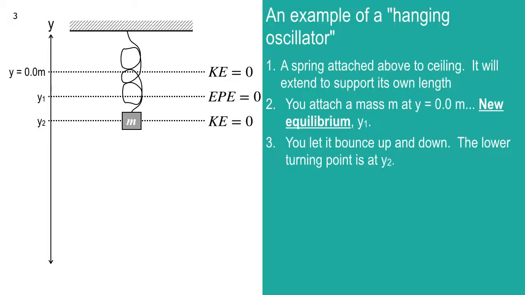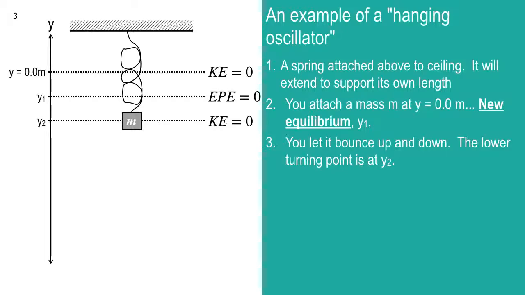If we had this thing on a horizontal table and pulled it out by the same distance, we'd see the same oscillation this way. And so all that gravity does is translate everything downward by a few centimeters or meters, depending on how heavy your mass is.